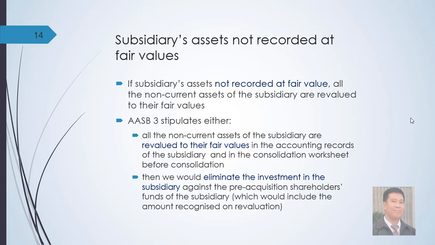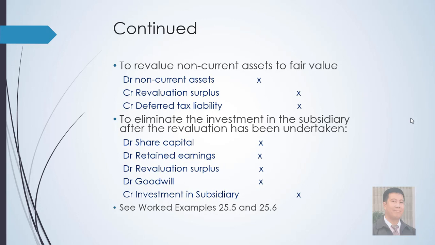Then we would eliminate the investment in subsidiary against the pre-acquisition shareholders' funds of the subsidiary. So the pro forma journal entry will be like this: debit non-current asset, credit revaluation surplus, and credit deferred tax liability. To eliminate, debit share capital, debit retained earnings, debit revaluation surplus, the same amount that you can see on top, debit goodwill, and then credit investment in subsidiary.